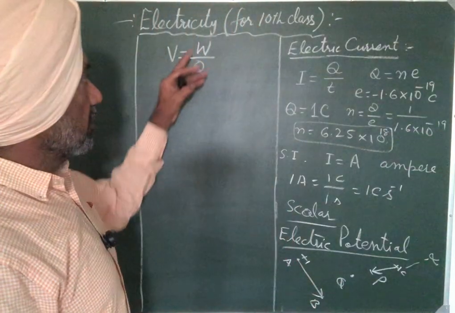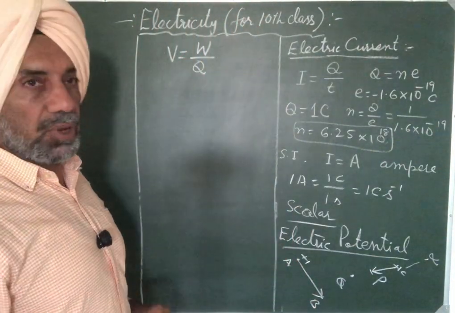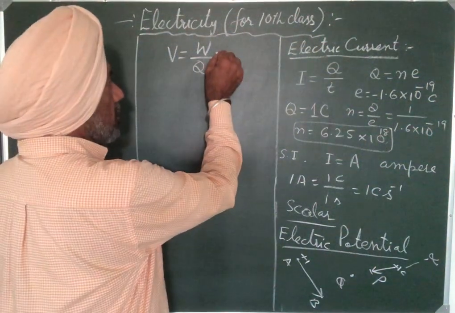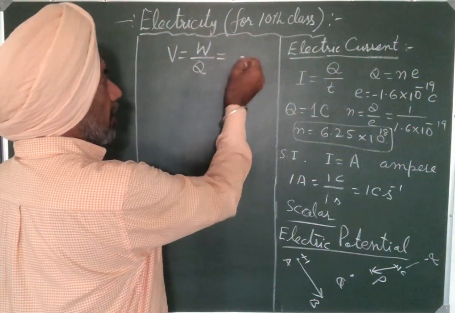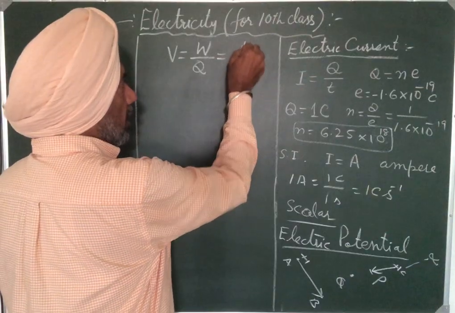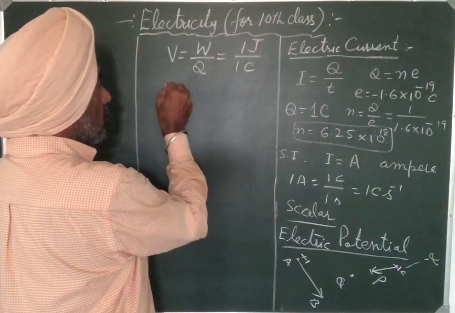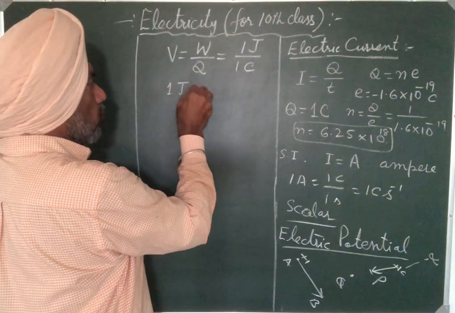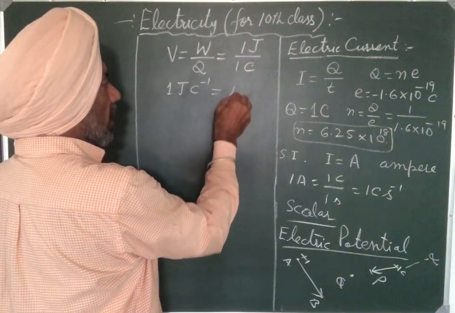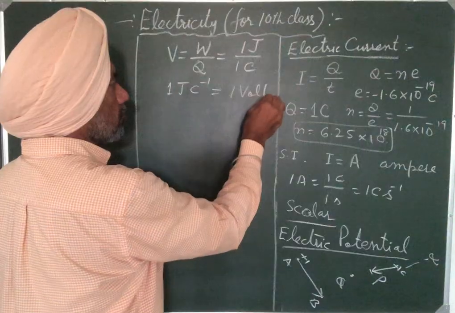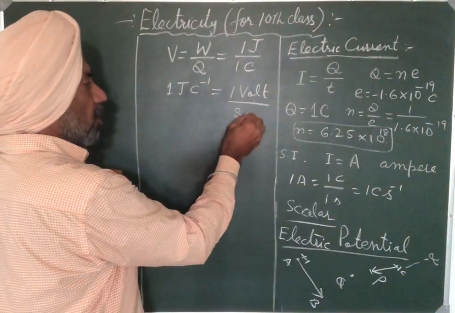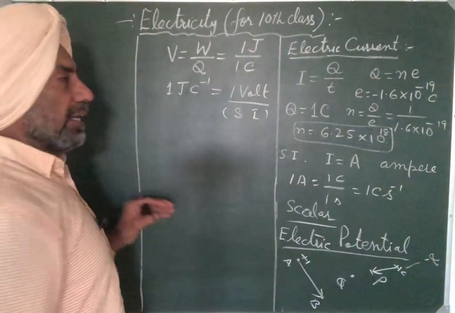Amount of work done in bringing unit charge, work done per unit charge. If work done is in joule and charge in coulomb, then 1 joule per coulomb is known as 1 volt. So volt is the unit of electric potential in SI system.